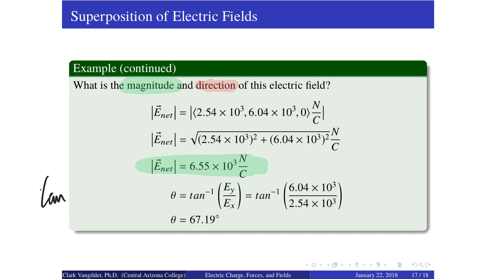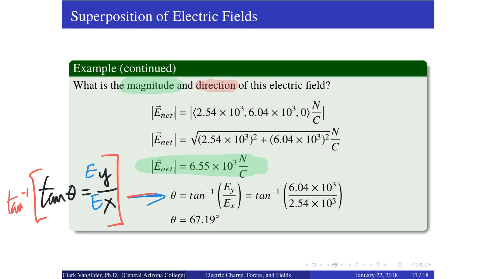So tangent of theta is essentially a y over x game. And so we could easily make this an electric field in the y and x direction. And that gets us to, if I extract theta, so if I do the inverse tangent of everything, it lets me write theta in that way.